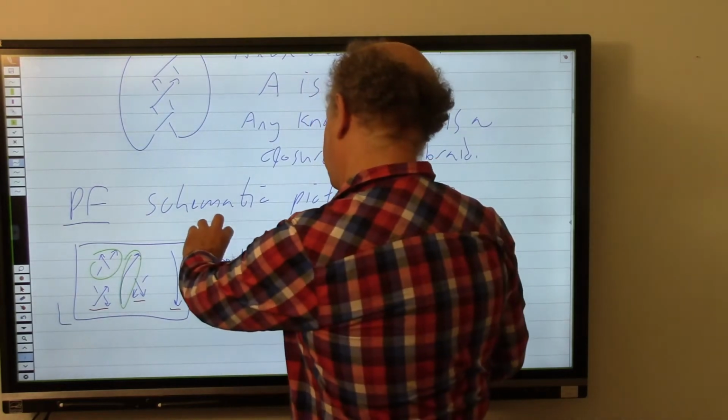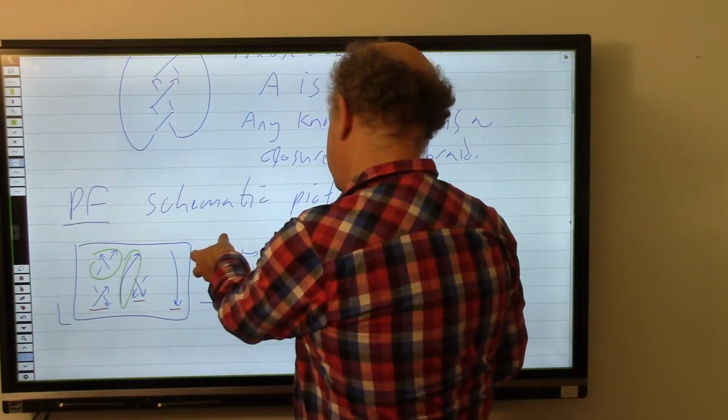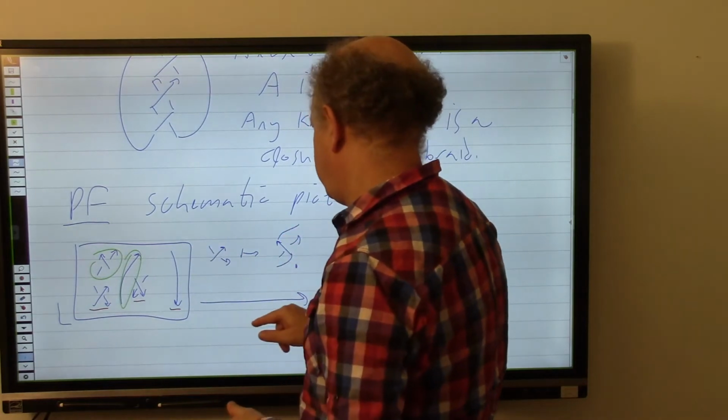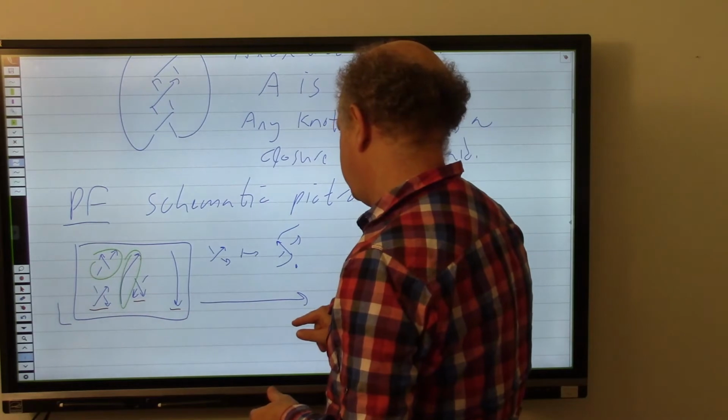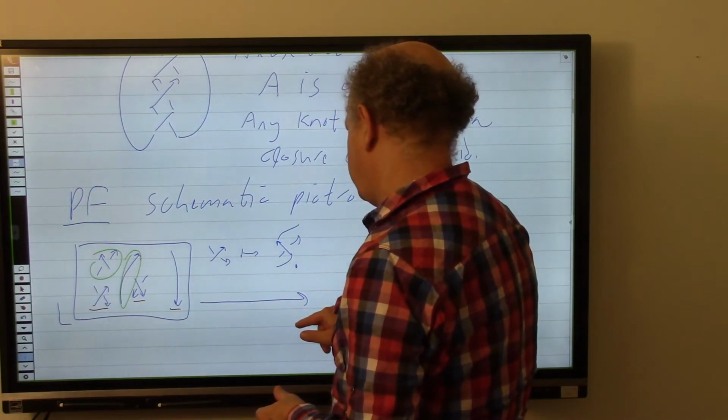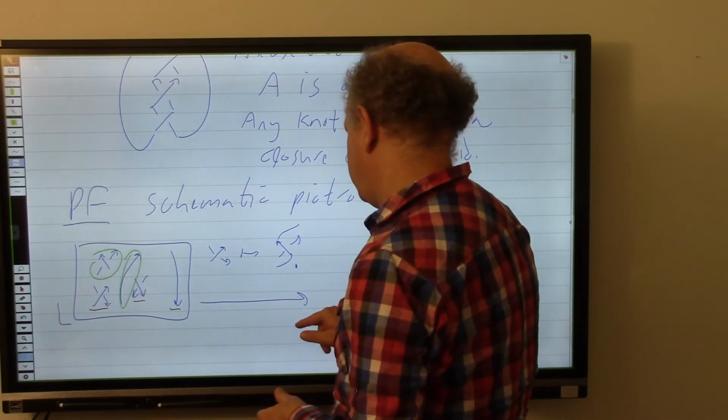If I start at the bottom right, wait, I want to rotate it this way. If I start, what have I done?